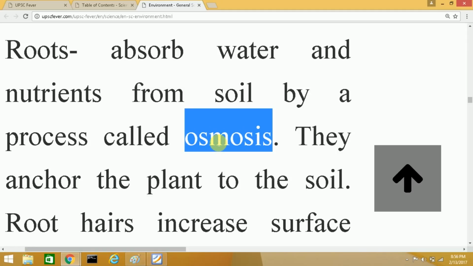Then there is a small topic related to various types of nutrients. Macronutrients and micronutrients are the two types of nutrients into which elements can be categorized. Macronutrients have to be absorbed in large amounts by the plant, whereas micronutrients are needed in very small amounts. Then miscellaneous facts about the plant and its health.